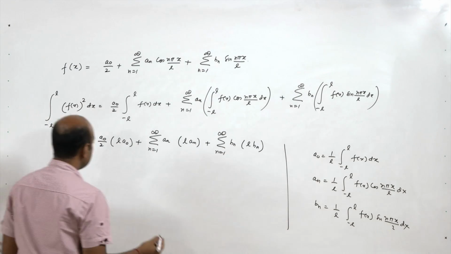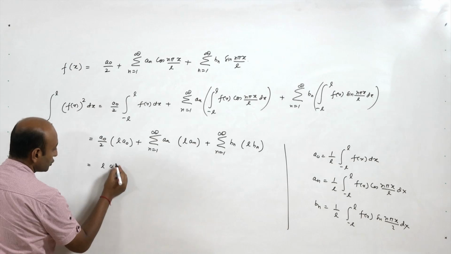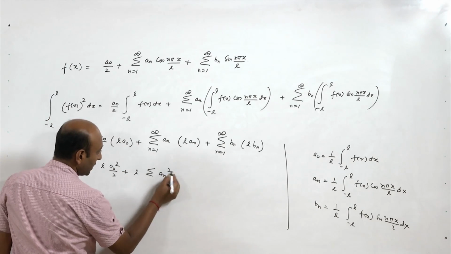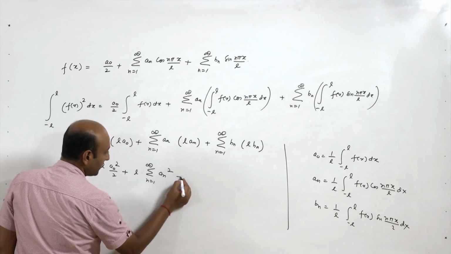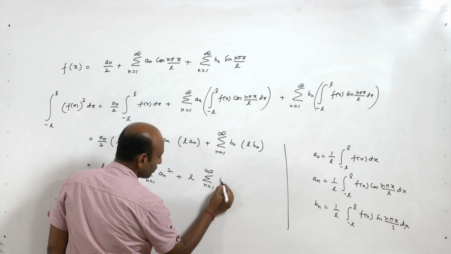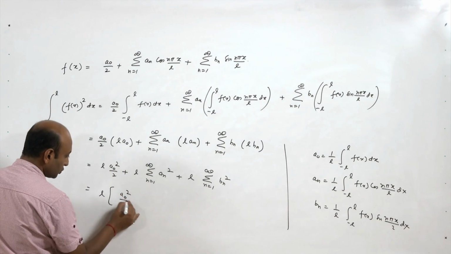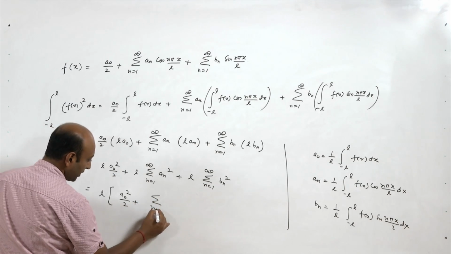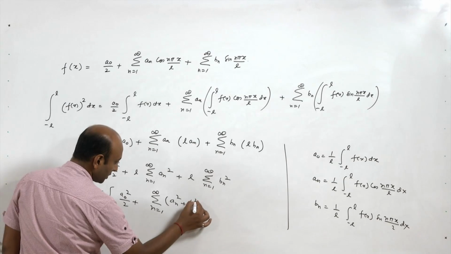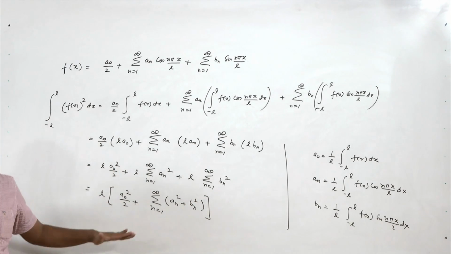Hence, this expression will be L into a naught square by 2 plus L into summation a n square, n varying from 1 to infinity, plus L times summation n from 1 to infinity b n square. This can be rewritten by taking L common: L times a naught square upon 2 plus summation n varying from 1 to infinity a n square plus b n square. So, this identity is called Parseval's identity.